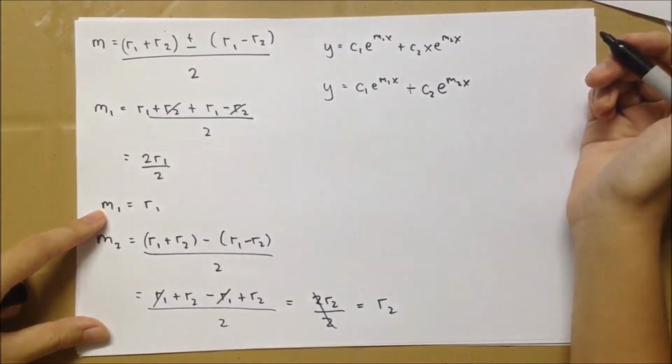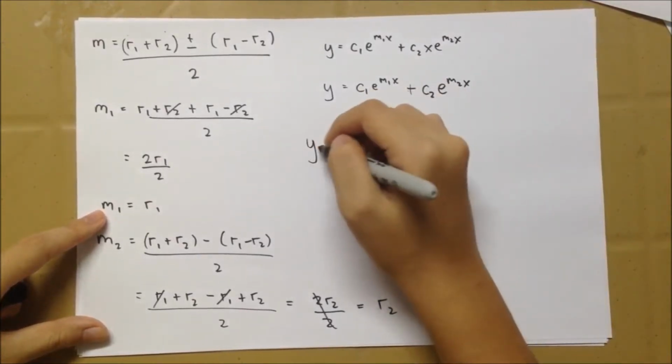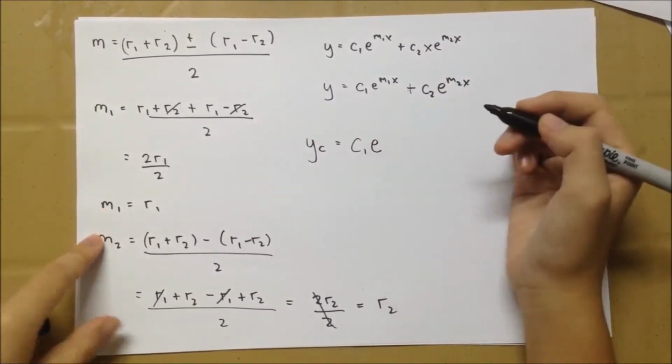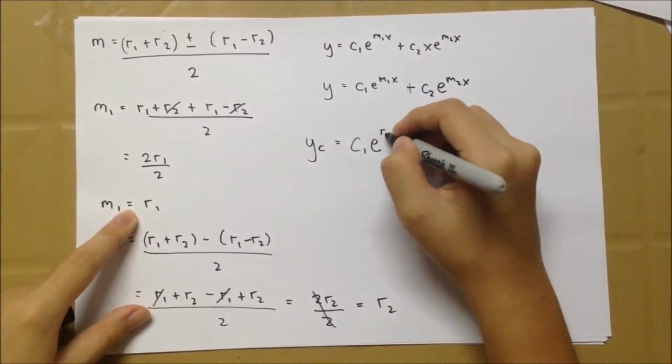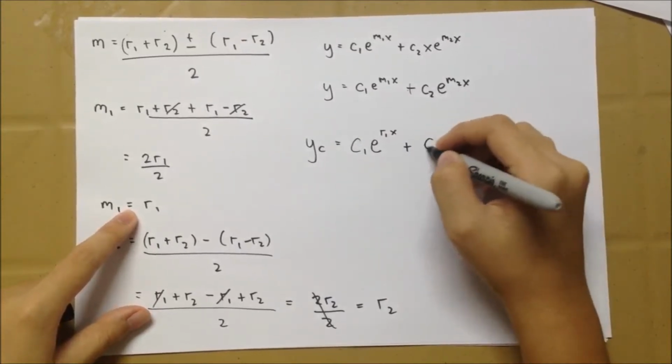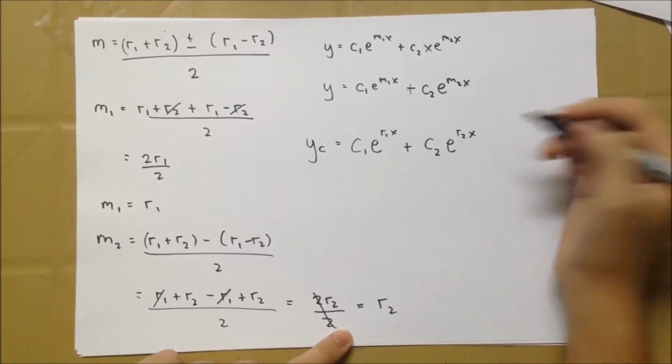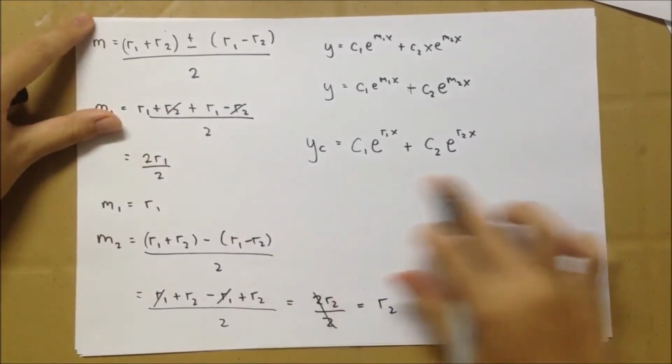So the solution for our homogeneous portion is yc equal to c1 e to the r1x, where our m1 is r1, plus c2 e to the r2x. And this is the solution for the homogeneous part.